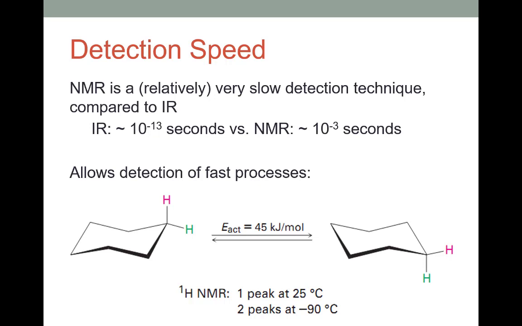The pink and the green hydrogens here would look exactly the same because at any given moment they could be in these positions with the pink axial and the green equatorial, or in the chair flipped version where they've switched their electronic environments. We can't tell the difference here. Now, if we really cooled the sample down, maybe we could. We could cool the sample down to dry ice kind of temperatures, and then we would be able to resolve 2 peaks. They'd still be really, really close together, but we could resolve those.